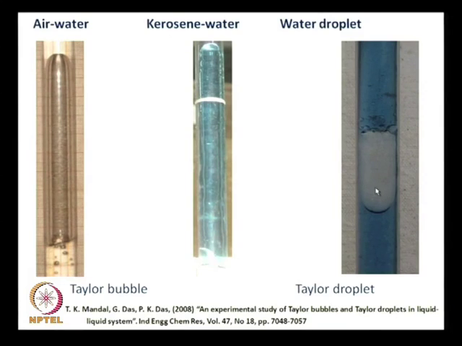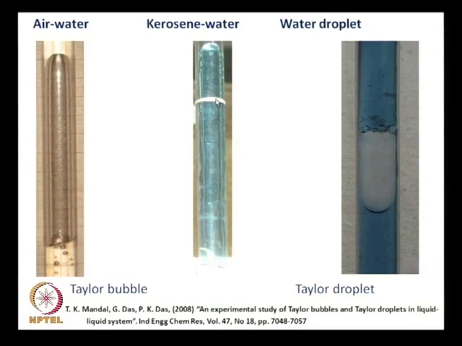But the Taylor droplet is less stable, as when we keep on increasing the diameter, a Taylor droplet breaks off faster than a Taylor bubble. Number 1. Number 2, for the same pipe dimension, a Taylor droplet travels faster as compared to a Taylor bubble. These are some of the unique features that we observed for liquid-liquid systems.